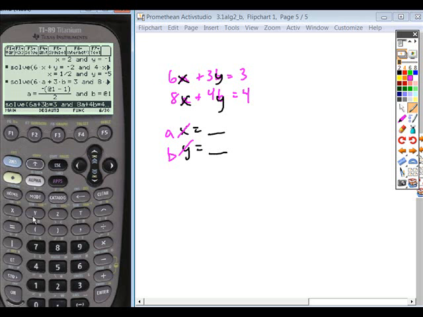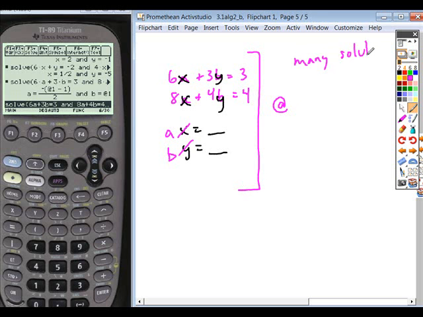Okay? Now, notice what happens when I came up with my solution. What did you notice on this? See this little symbol, this @ symbol? If you get an @ symbol on the solver, what that means is you have many solutions. So again, you might want to write this down as a note.